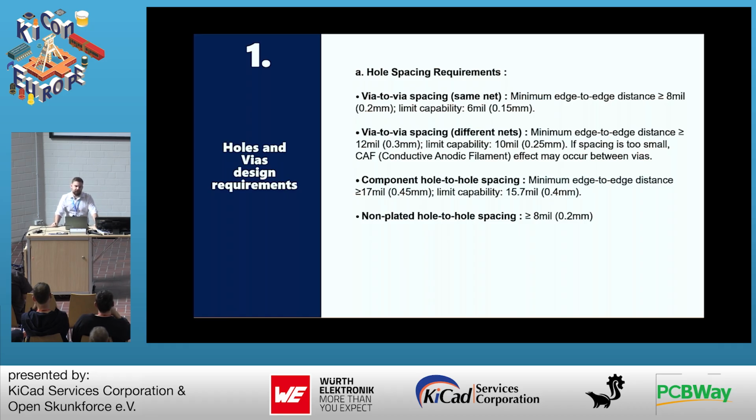When I say it is possible, it also makes a risk for us, so you have to be aware of that. If 2 vias are on different nets, the value is different: you have to respect at least 0.3 millimeters. If the spacing is too small, we can meet CAF issues, which can create shortcuts, for example. So we have to be very aware of these values.